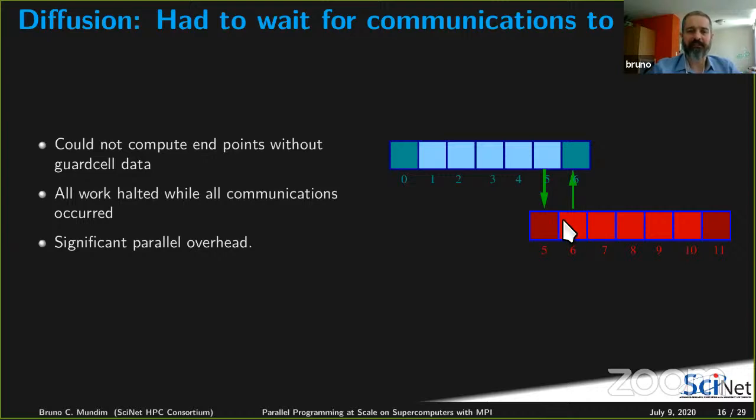So what happens is that every single piece of work is halted, everything is idling, waiting for the communication to finish. So it is a significant parallel overhead, especially when you go to 3 dimensions, and especially when you have several guard cells to do the computation.